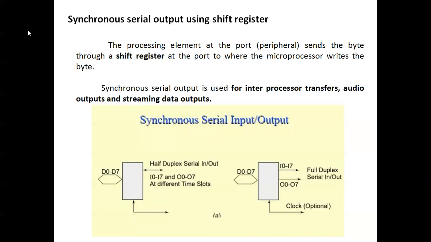Synchronous serial output using a shift register. Here they are input and output, and they use the shift register. So this is a duplex, full serial input output, with input and output at different time slots. Previously there was one line for input and another line for output, and here for serial input and output the shift register has both on the same line.